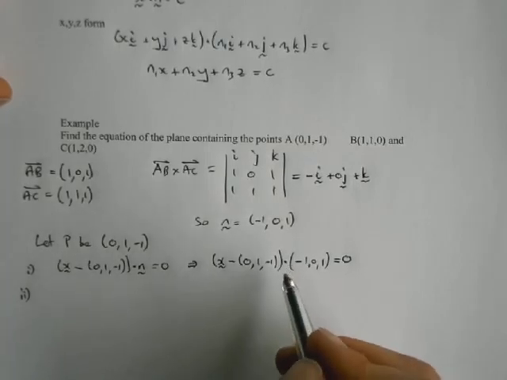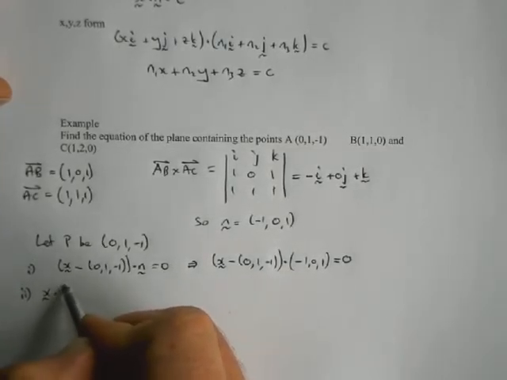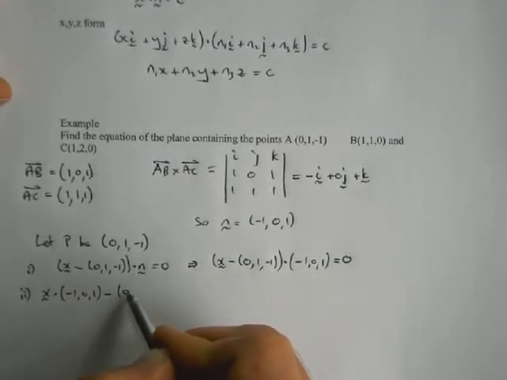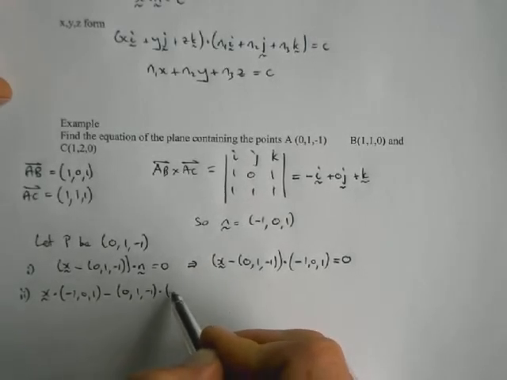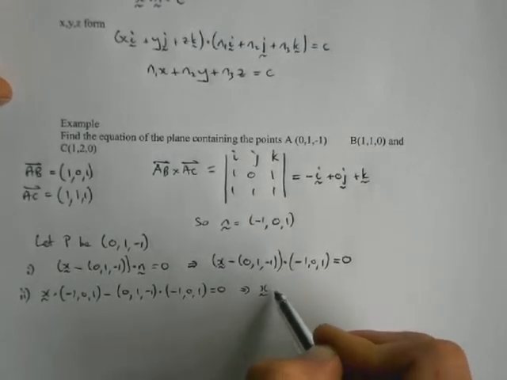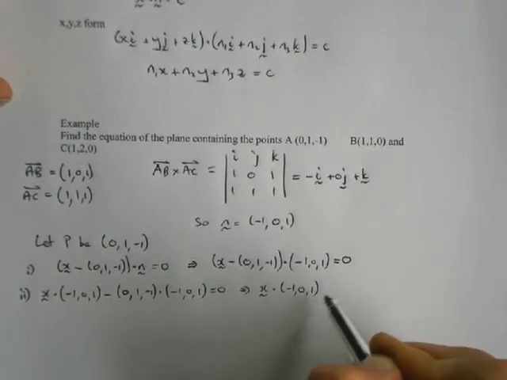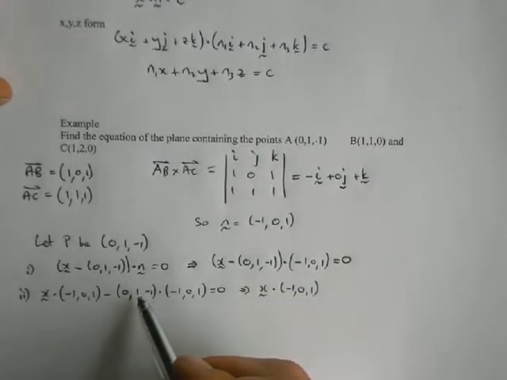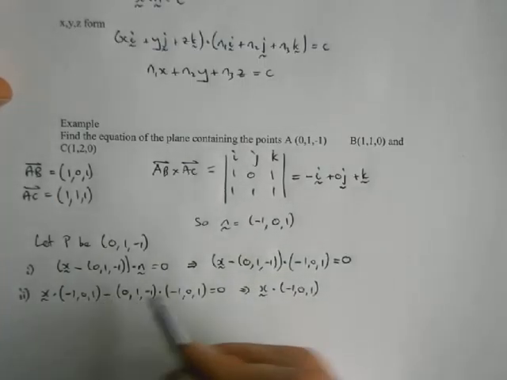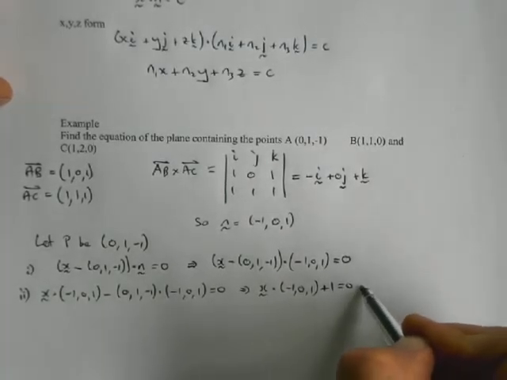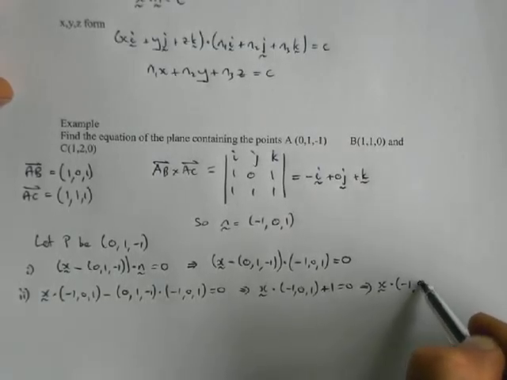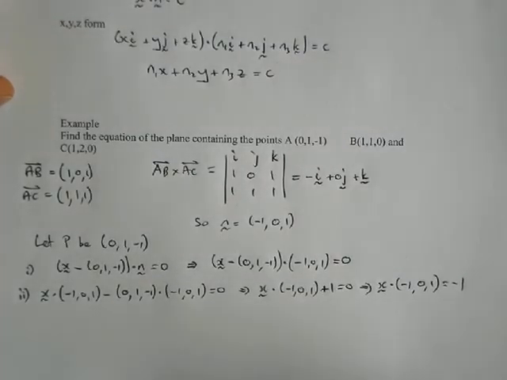The second one was effectively expanding this bracket out. So we'd end up with x dotted with negative 1, 0, 1, minus 0, 1, negative 1 dotted with negative 1, 0, 1 equals 0, which implies that x dotted with negative 1, 0, 1, and if we do the dot product of this thing here, we get 0 and another 0, and negative 1 times 1 is negative 1, so minus negative 1 is the same as plus 1, which normally you'd write as x dot negative 1, 0, 1 equals negative 1.